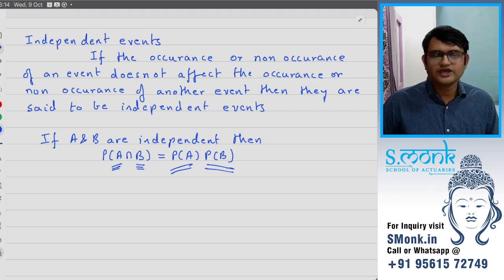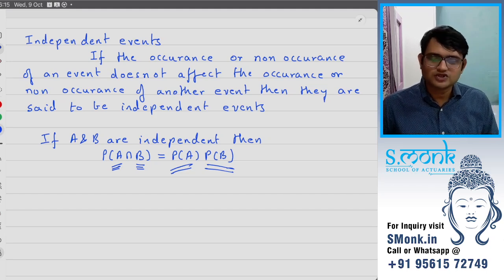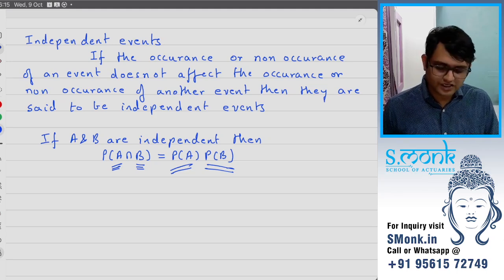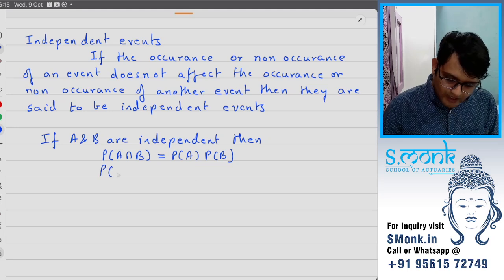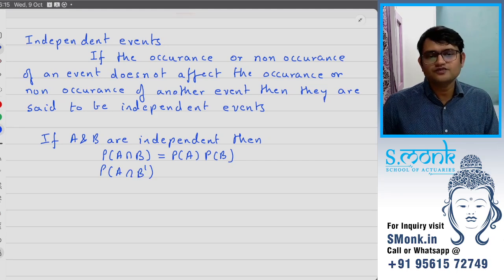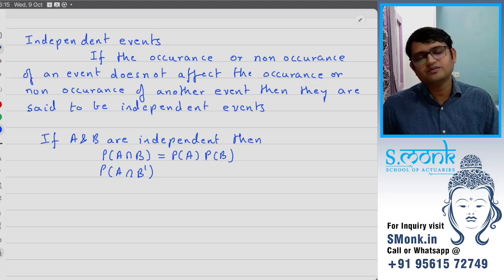So occurrence of A does not affect occurrence of B. Similarly, occurrence of A does not affect non-occurrence of B. When I say A intersection not B, that means A occurred but B did not occur.